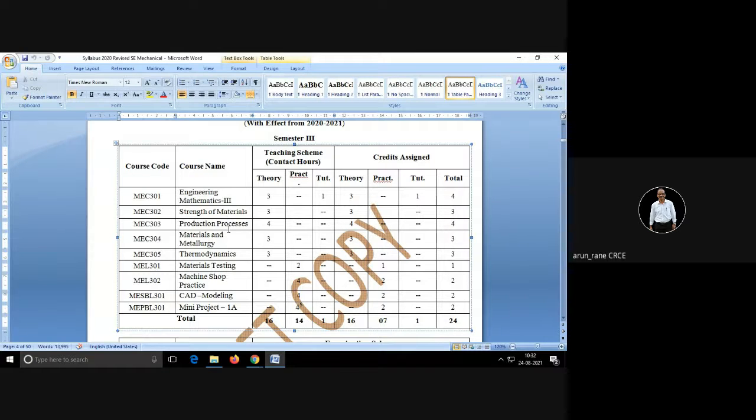The course name is production processes. So we will have 4 hours per week and like that there will be 12 weeks hopefully. So 48 hours of teaching. There is no practical, there is no tutorial, there is no term work. So there will be 4 credits.